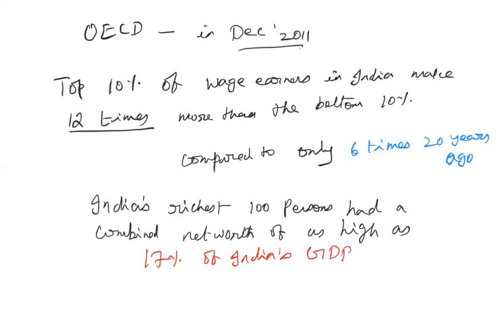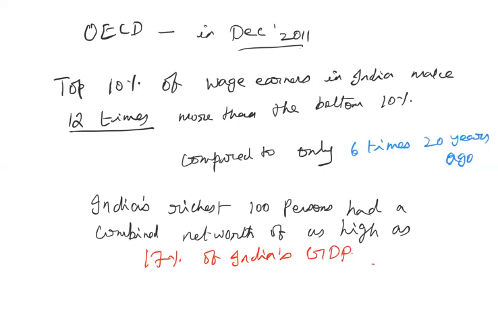See, even our agriculture itself contributes 16%, but the top 100 persons have a share of 17% of India's GDP. And this COVID pandemic further accentuated the inequalities because the poorer sections couldn't afford that much health accessibility. So this further increased the income inequalities in the country. So the conclusion is there is a wide amount of income inequalities happening in India.